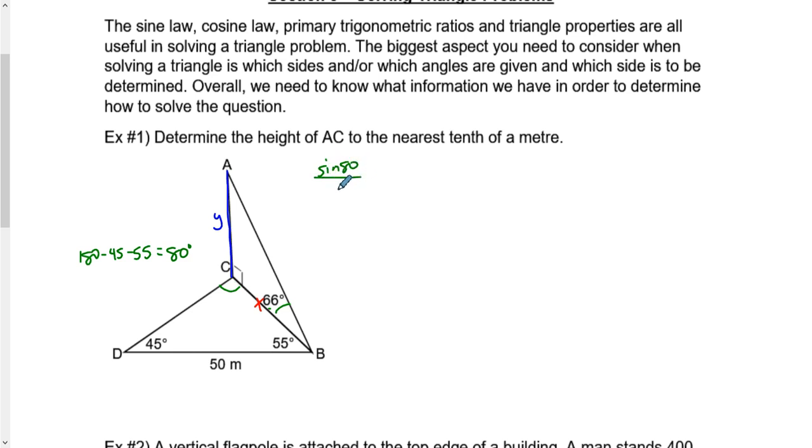So sine of 80 over 50 would equal the sine of 45 over x. We can then do our cross multiplication: x multiplied by the sine of 80 equals 50 multiplied by the sine of 45.